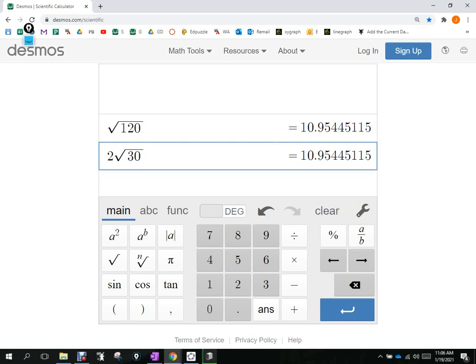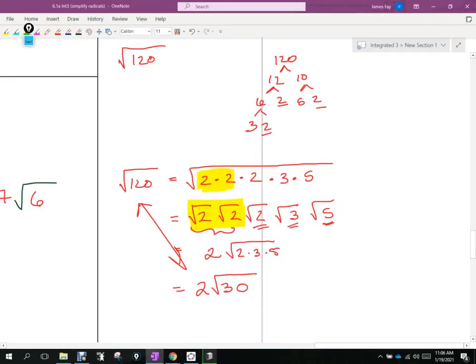Okay, so using my calculator here just confirms that 2 radical 30 is the same thing as radical 120, but it does not confirm that basically the radical 30 is simplified. This process does, though, okay, if we understand this process. Okay.